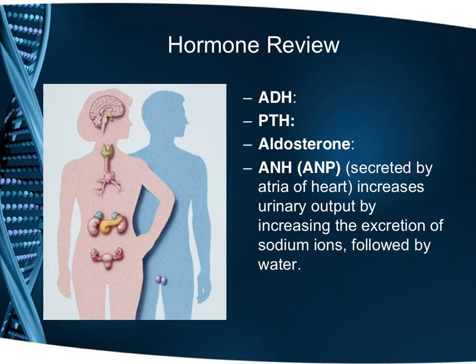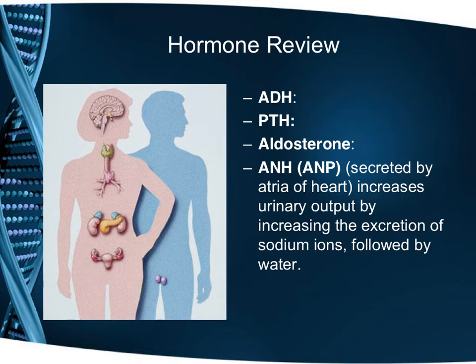Let's review the hormones. ADH, antidiuretic hormone, directly decreases urinary output. PTH, parathyroid hormone, helps regulate blood calcium and phosphate levels. Aldosterone indirectly decreases urinary output by increasing the reabsorption of sodium ions followed by water.